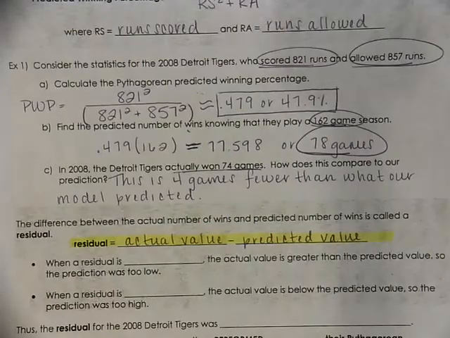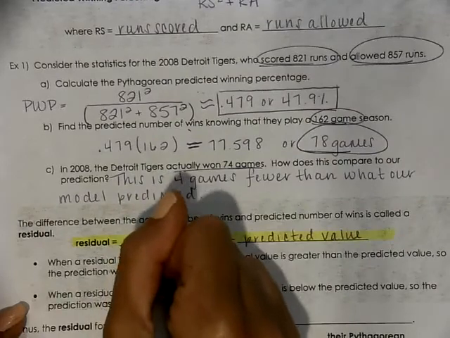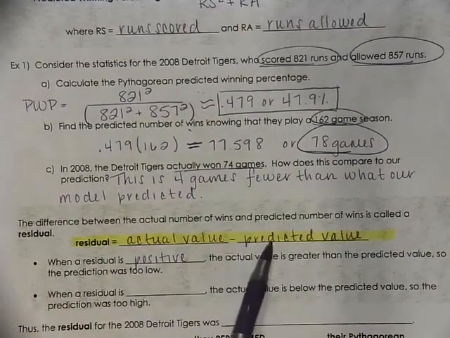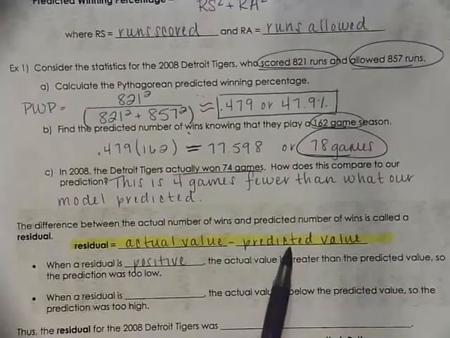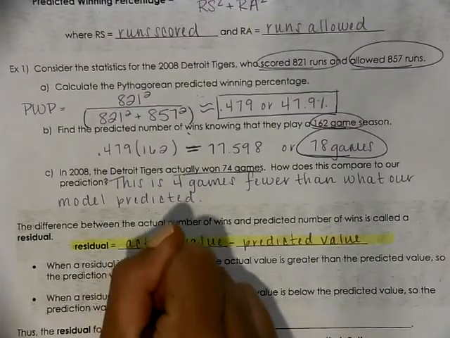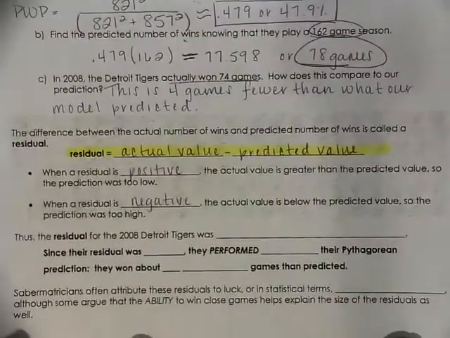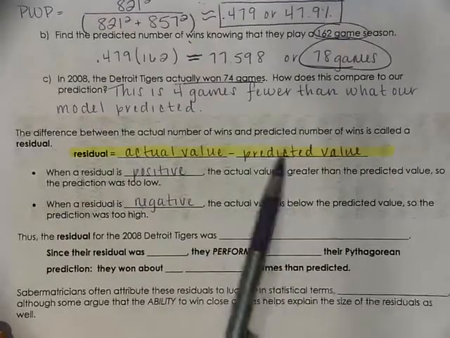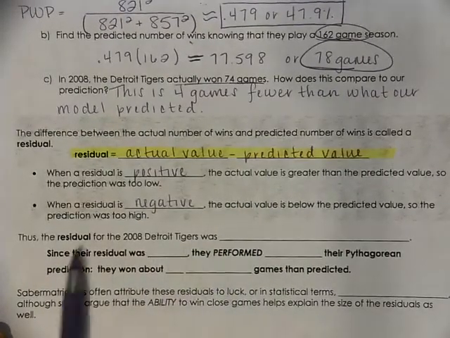So, when a residual is positive, that means the actual value is greater than the predicted value, right? In order to get the positive number, this number would have to be greater than this one. When a residual is negative, the actual value is less than the predicted, so your prediction's greater. Thus, your prediction was too high.